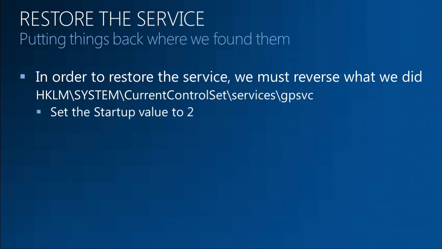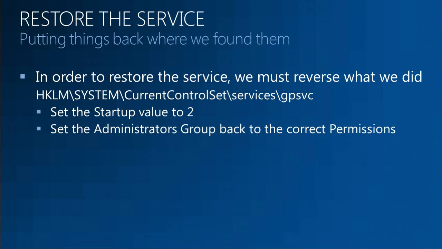So, first item, and doing it in reverse order, or closely to reverse order, is the way you want to go. So you set the start value to 2. Then actually, my slides are slightly inaccurate here, you don't set the administrators group back to the correct permissions. What you do is you set the ownership, and because you already have full control, you can then change the ACLs after you set ownership.